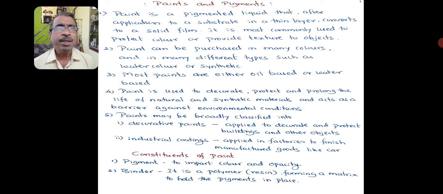Paint is a pigmented liquid that, after application to a substrate in a thin layer, converts to a solid film. It is most commonly used to protect or provide color or texture to objects.